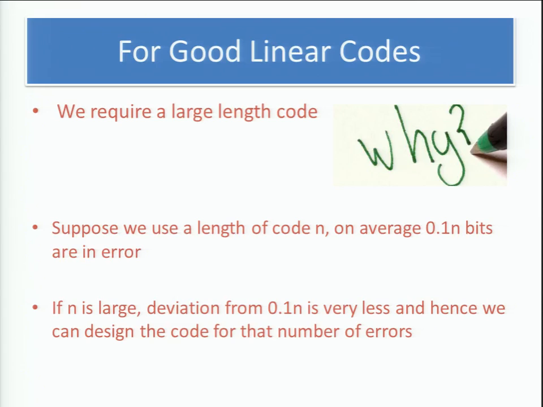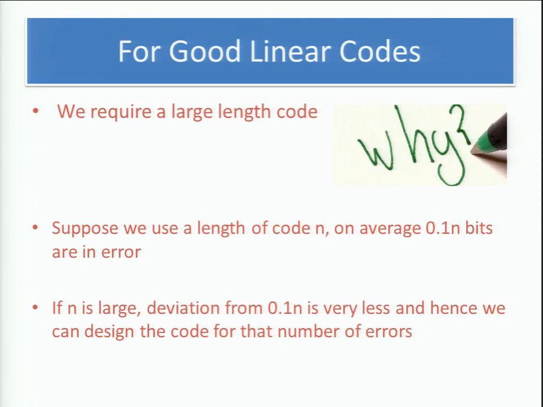But when is this close to reality? This is what is called the law of large numbers in probability, right? So this is close to reality only when n is large. The deviation from this 0.1 is very small only if n is large. So if you want to design a code to correct so many errors, your code will perform well only if your n is large.